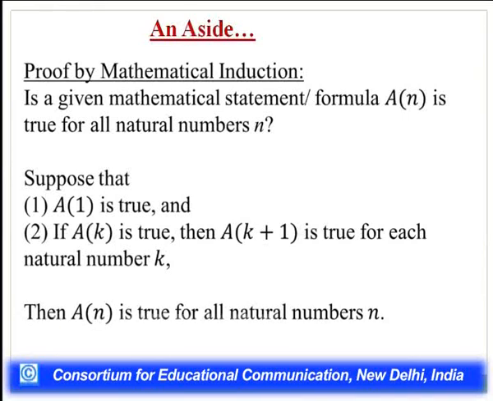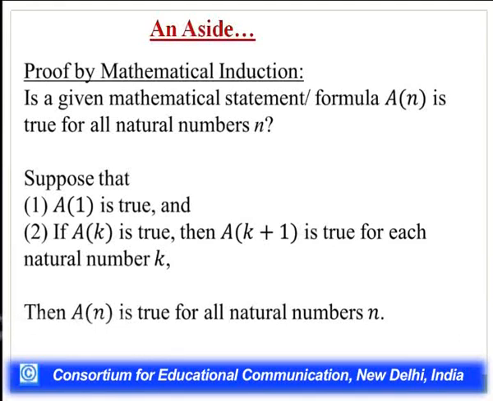First, we check that the statement is true for n equal to 1. And second, we check that the statement being true for n equal to k also implies that the statement is true for n equal to k plus 1. So this sets up a cycle so that every time the statement is true for n equal to k, it is also true for n equal to k plus 1.